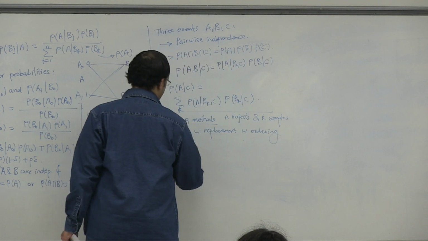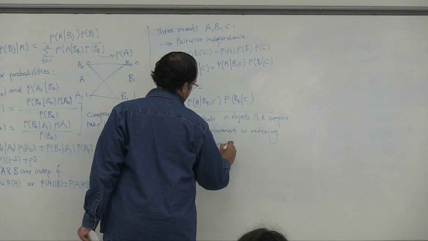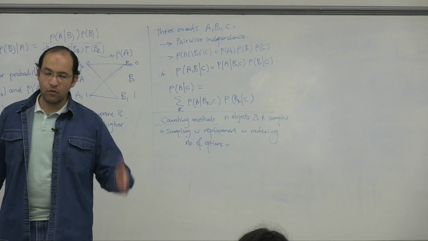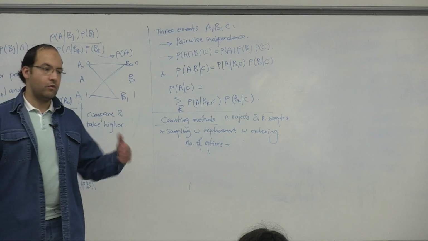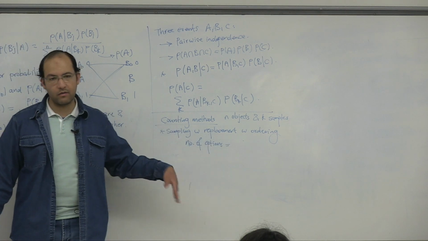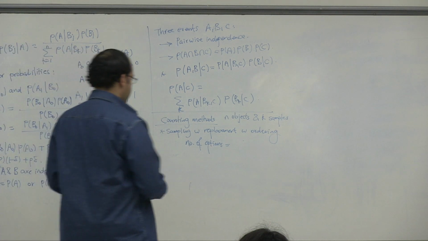How many options you have here? Number of options. A set of n. You are choosing k times. You replace, and ordering matters. What is the number of options here? This is the easiest one of them. N to the k. Correct.